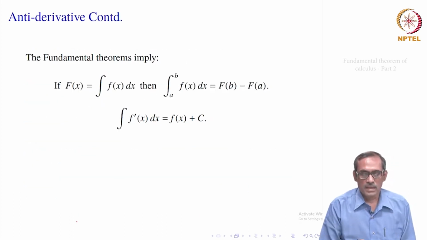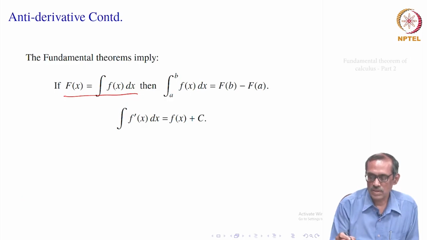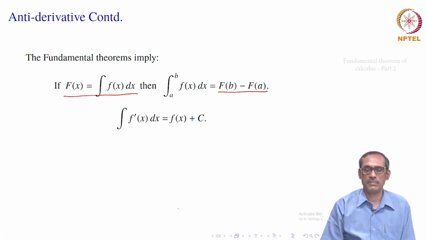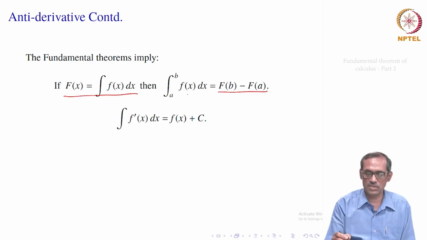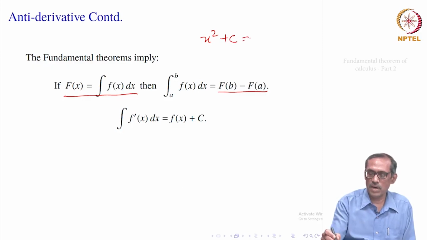Now, if you look at the fundamental theorems, we can write them in terms of the antiderivatives. If capital F of x is the indefinite integral of f of x dx, then taking the definite integral from a to b will be equal to capital F of b minus capital F of a. This is clear. Suppose you have x square plus c, that is the antiderivative of 2x.